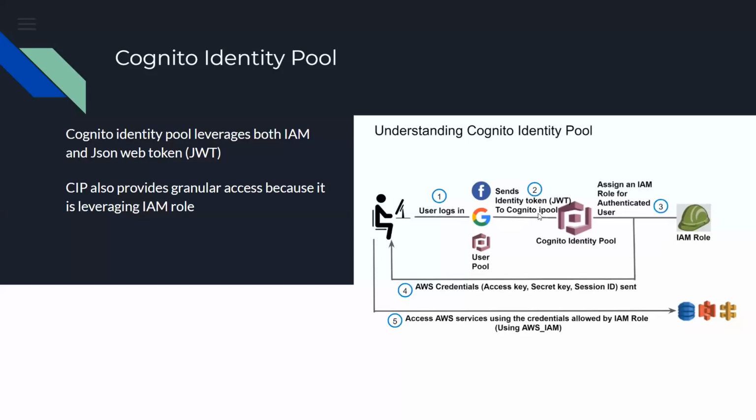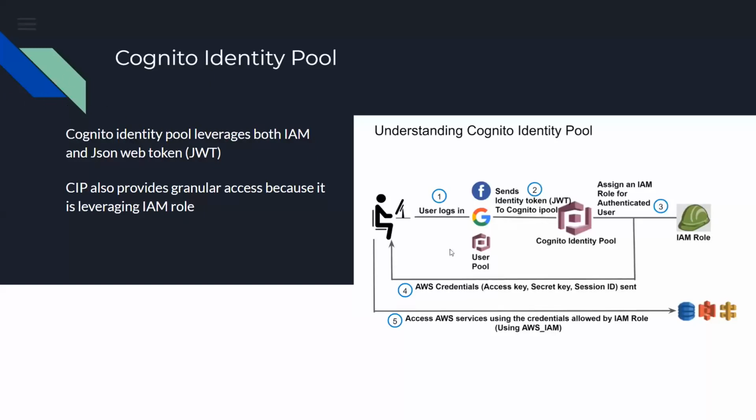It says, okay, I see this token is valid, I'll give this person an IAM role. Once it assigns the IAM role to this user, it sends back the access credentials, which are the AWS credentials. They contain the access key, your secret key, and the session ID.